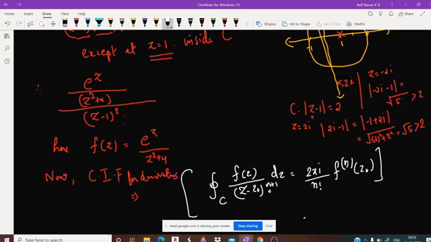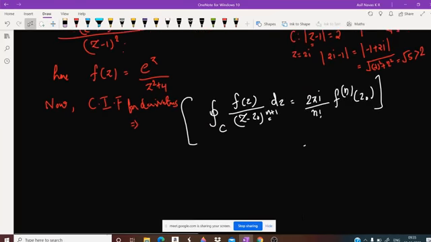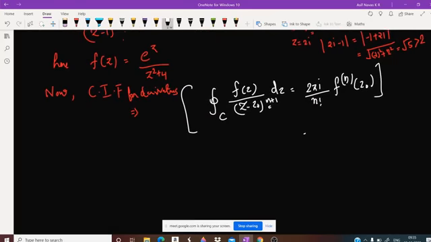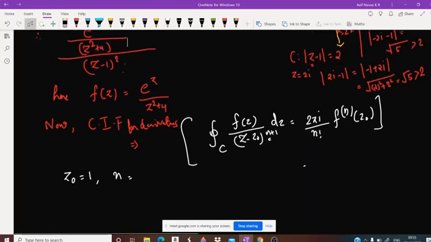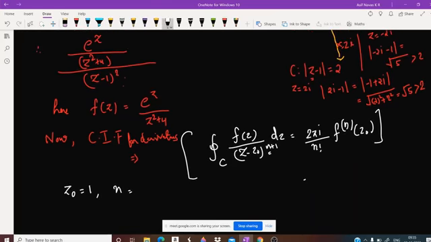So this satisfies the condition. Here z naught is equal to 1, and n plus 1 is 2, so n equal to 1.